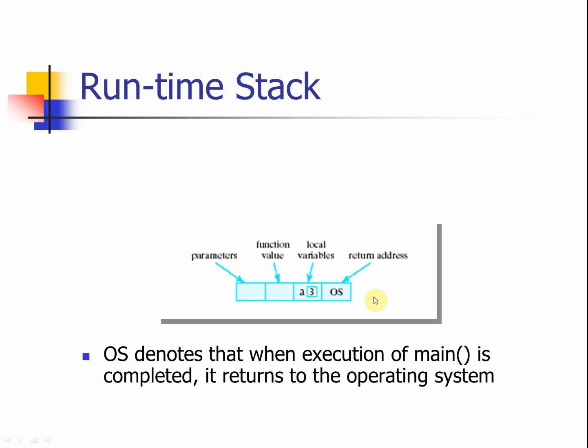So you can see that whenever a function is called, you will create a runtime stack entry. Inside of that, you will store all related information: parameters, function values, local variables, arrays, vectors, and you also need a return address so that you will know where to go back to.